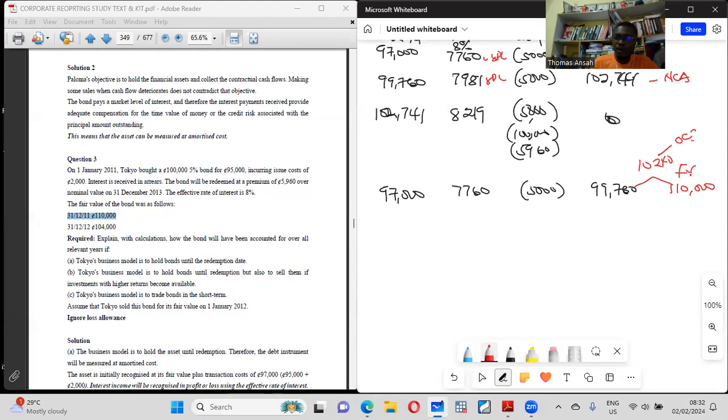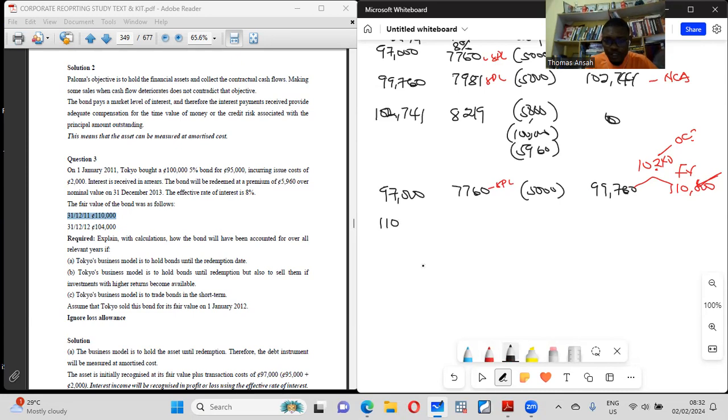So at the end of this year, what will go to your NCA is this one. This is going to your SPL, and this is going to the OCI. So please be very, very mindful of that. That is something you have to take note of.